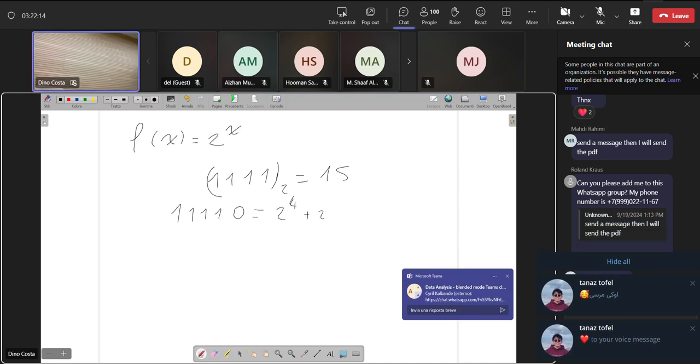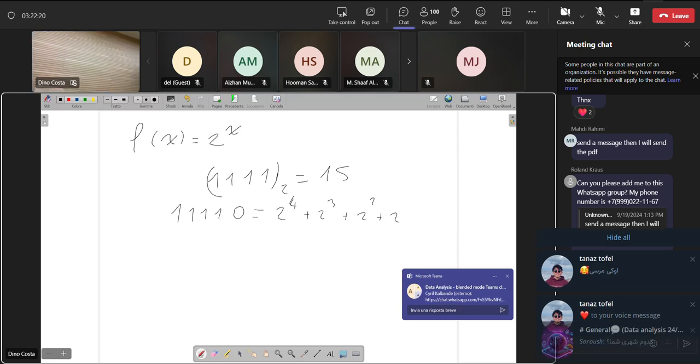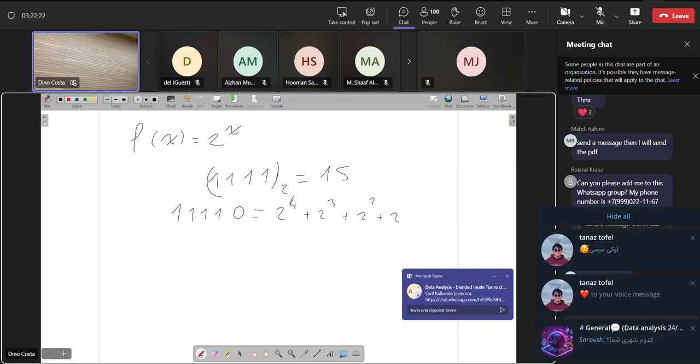So this is 2 to the 4 plus 2 to the 3 plus 2 to the 2 plus 2. Do you agree? Because there is no plus 1. So this is 16, plus 8, plus 4, plus 2. 16 plus 8 is 24, 28, 30.